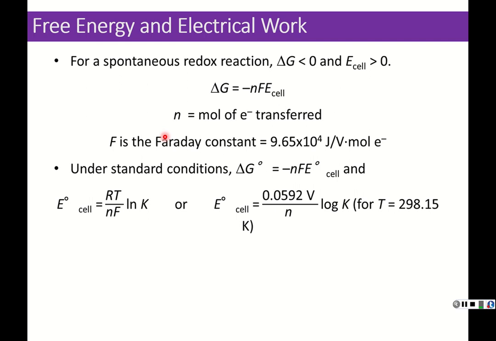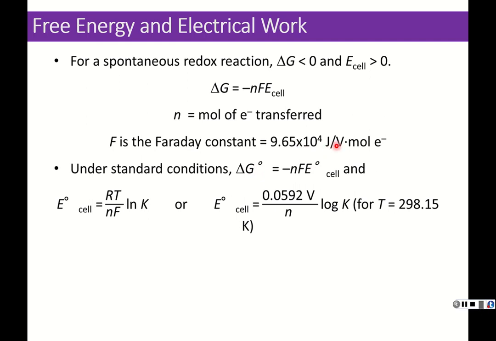So if you have 2 electrons being given up by your metal that are being transferred in your cell, the N value would be 2, and so forth. And F is a constant, Faraday's constant, and that's this value here with these units. Okay. And we can write this under standard conditions, just put the nots in.